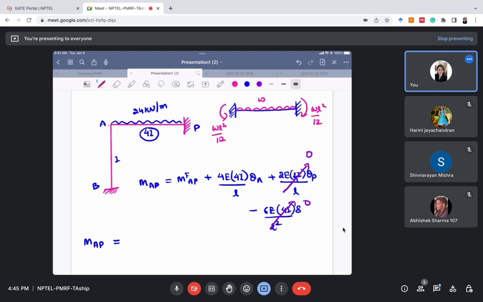For AP it is anti-clockwise, so I'll write minus WL square by 12. I'm assuming that you know some basics of the slope deflection equation. So MAP equals minus WL square by 12 plus 16EI theta A by L. Other than that, the other terms are 0. So the first equation is this. Now I'll find MAB.